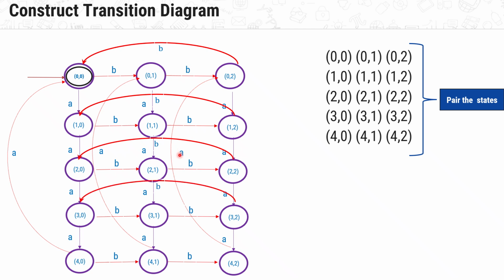So on B, and this will give you the complete DFA for the number of A's divisible by 5 and the number of B's divisible by 3. If we understand this concept, I made it easy for you people. How do you make the pair of states? How to take the remainder and convert it into the states of the DFA?